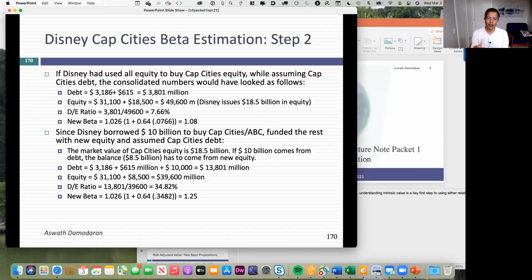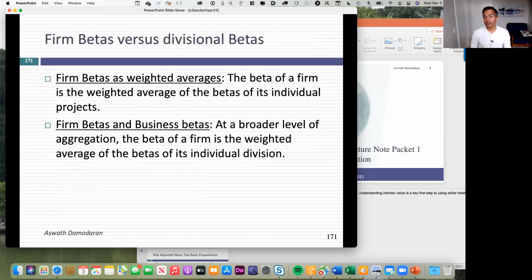Try it out, because it'll get you more comfortable with this levered beta equation, because even though it's open book, open notes, you want to be able to use it often enough that you feel comfortable with what the ingredients are, and you can put it in and see the effect.